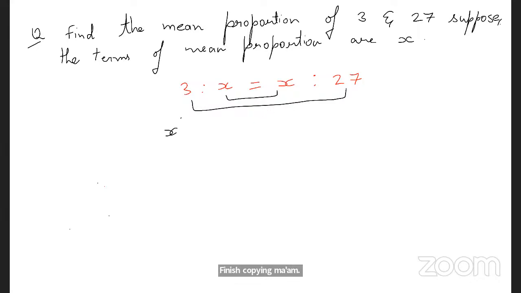x into x, that's x raised to the power 2, equals 3 into 27. x squared equals 81. 81 is the square of 9.